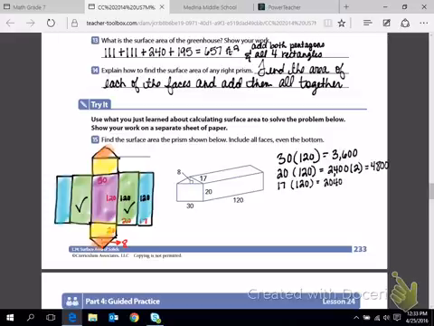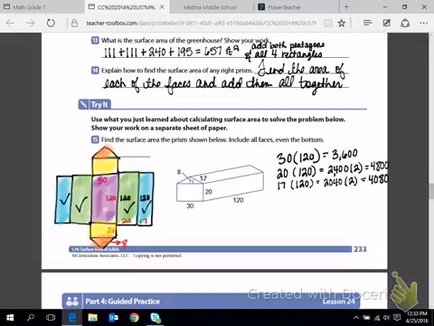And again, this blue section is the same as this blue section, so we'll multiply that by 2 as well, giving us 4,080. And you can see what I've done there is I've taken the roof of the pentagonal prism and I have opened it up and laid it down. So I've accounted for the bottom, the two sides, and the roof.